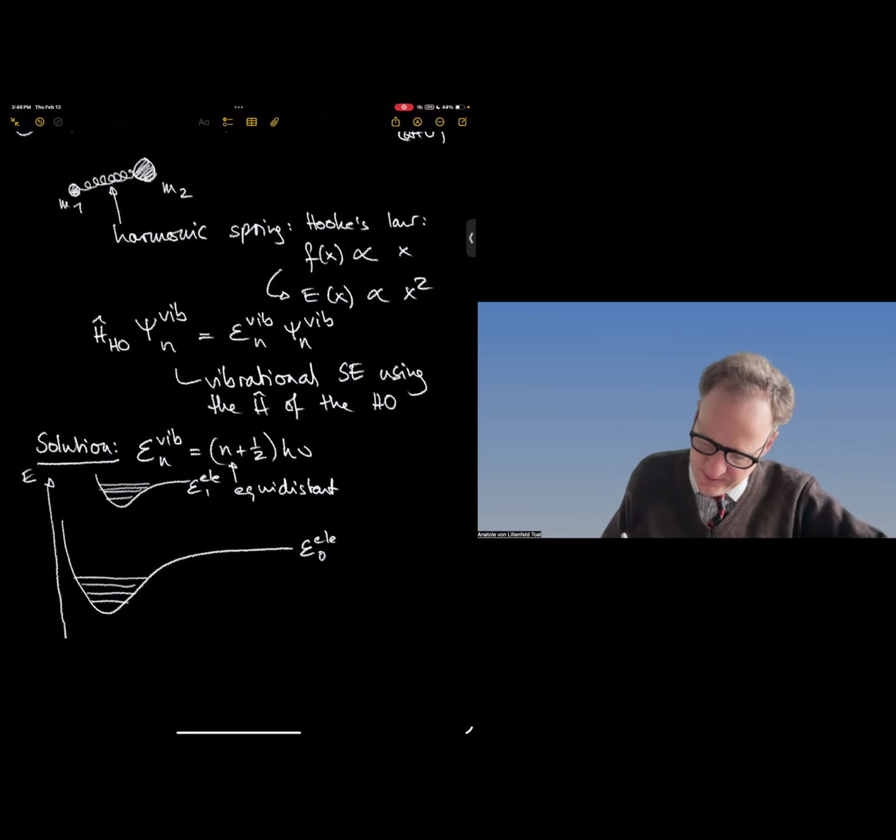So these are epsilon vib 0, epsilon 1 vib. And this is for the electronic ground state. So I should add here the electronic state as a second index. And then I have my vib, my ground state in the first excited state.